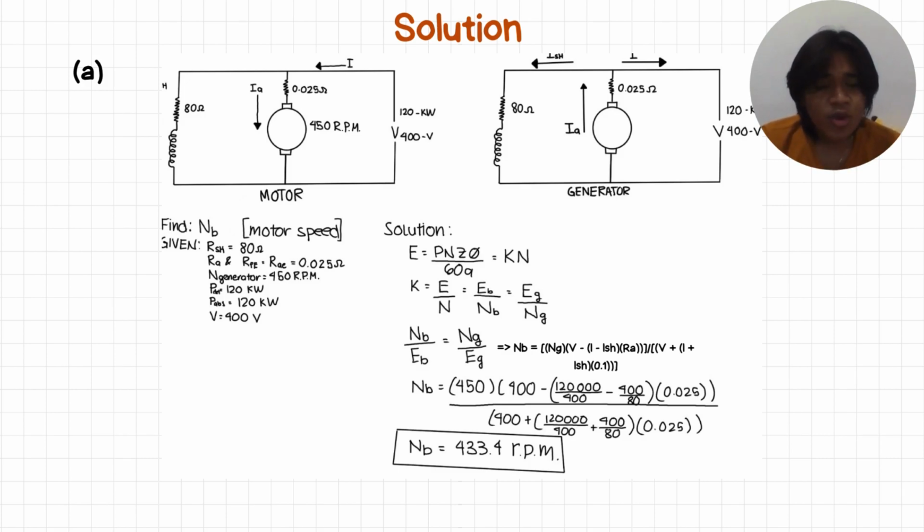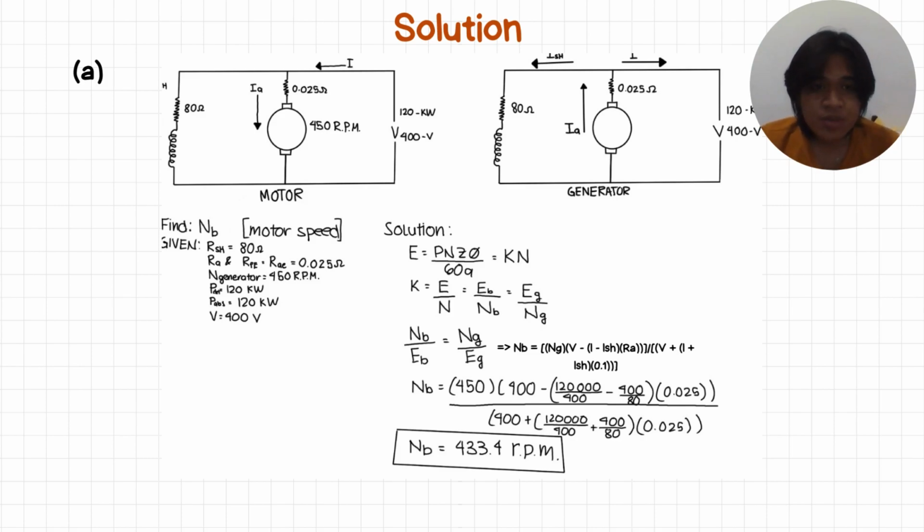We know that they have the same parameters, and we can assume that they have the same type of configuration of the circuit. So, using that assumption, we can use ratio and proportion. We know the formula E is equal to P N Z phi over 60A.